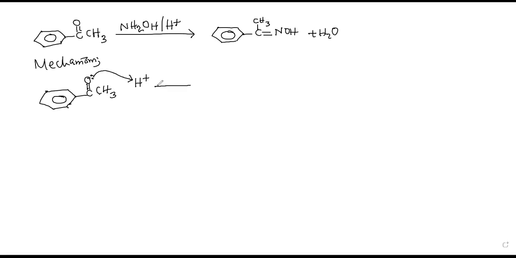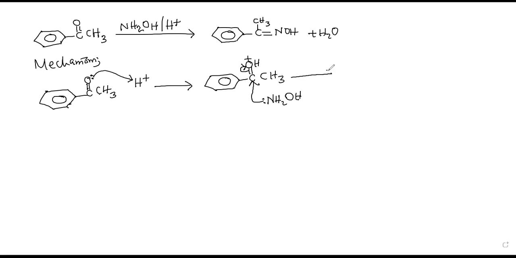So this one will lead to the formation of this COH plus, then CH3. Then at this point, you bring your hydroxylamine. So we shall have NH2OH. Lone pairs on nitrogen will come here as this bond breaks.